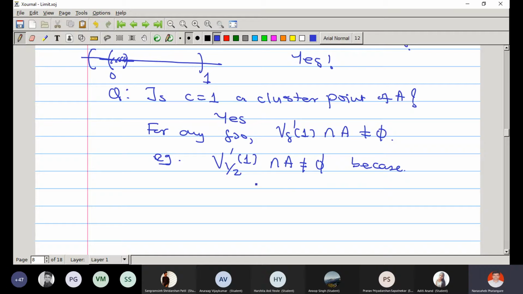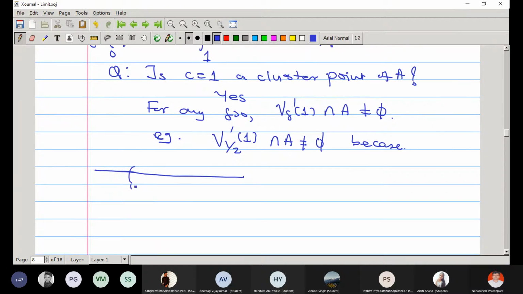Because what is the element which is in this intersection? When we say something is non-empty, that means can you produce at least one member which is in the intersection, right? So what is V half 1? What is the half neighborhood of 1?